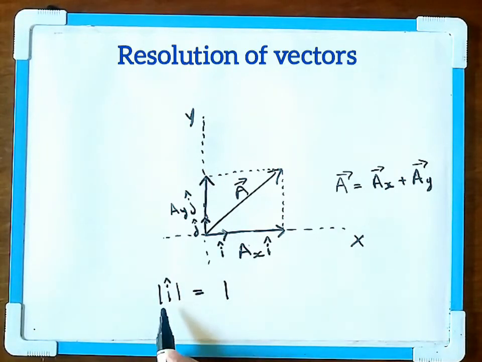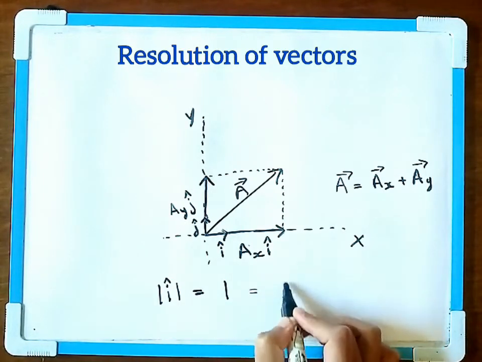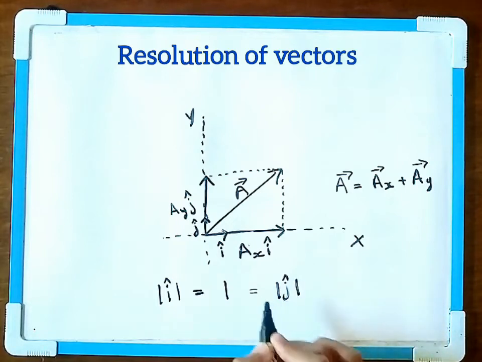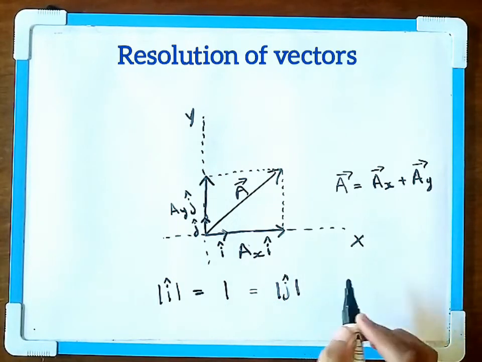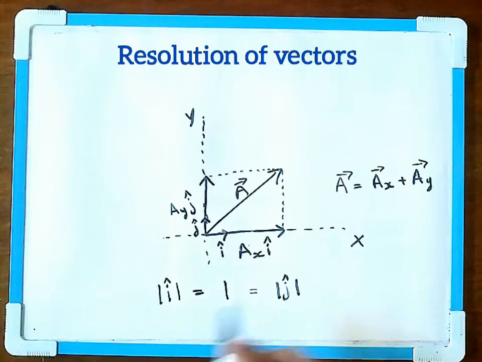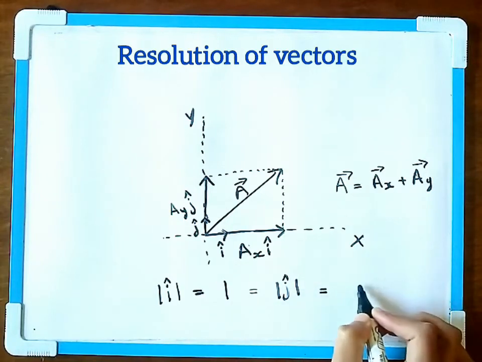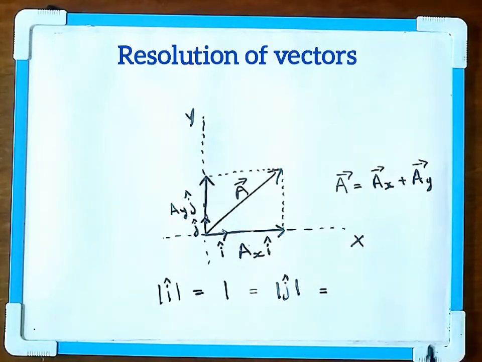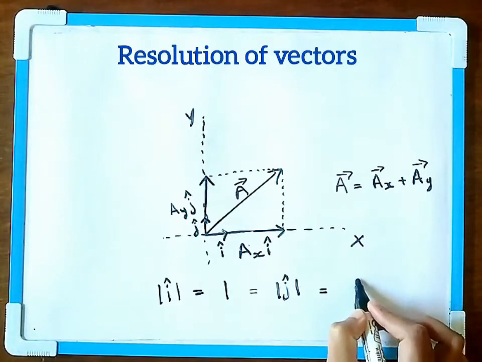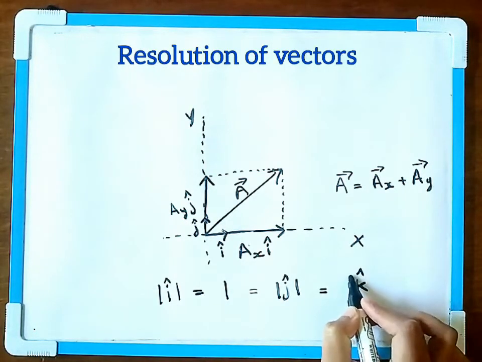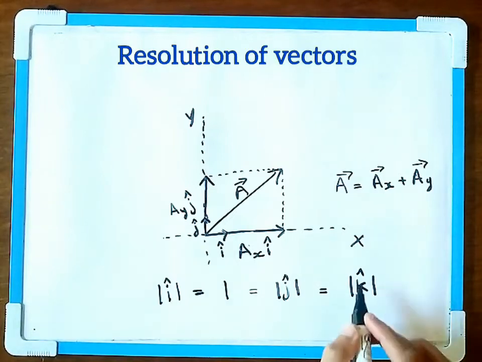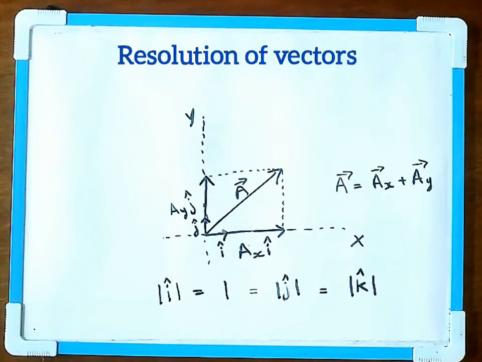So this is read as magnitude of I cap is equal to 1 unit. Similarly the magnitude of J cap is equal to 1. And if we have the z-axis also, then the magnitude of the unit vector of the z-axis, which is represented by K vector, the magnitude of this K cap is also equal to 1.